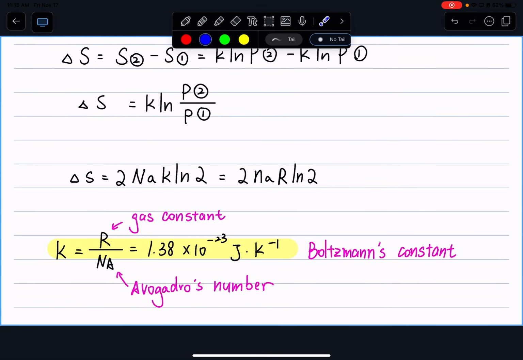Both of them are delta S, so both of them should have the exact same results. Using this relationship and derivation, we find that the gas constant we've been using so far is just the Avogadro number times a universal constant, which is the Boltzmann constant. And the Boltzmann constant is at the heart of statistical mechanics that you will learn if you're taking 110B.